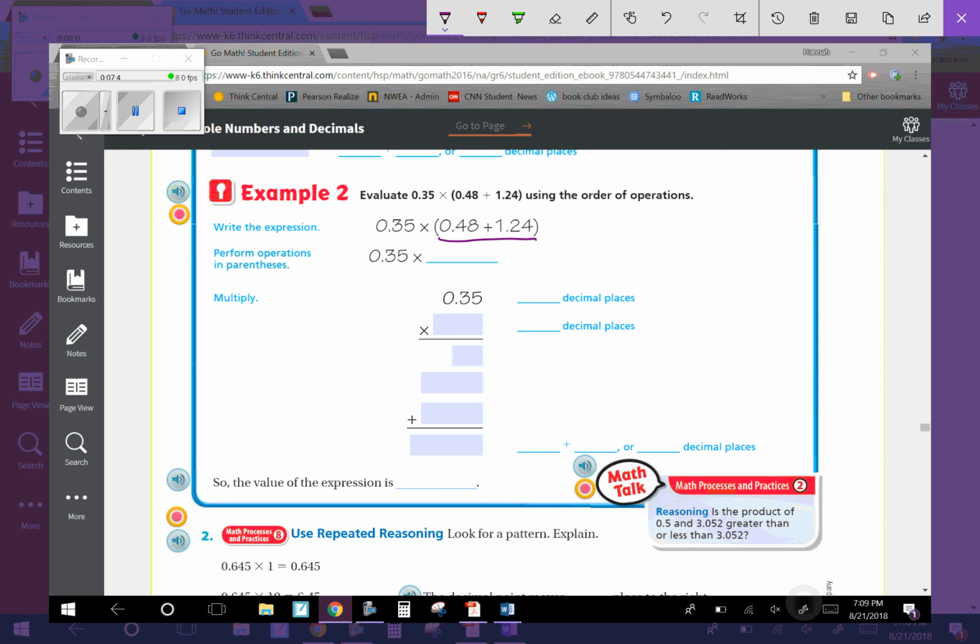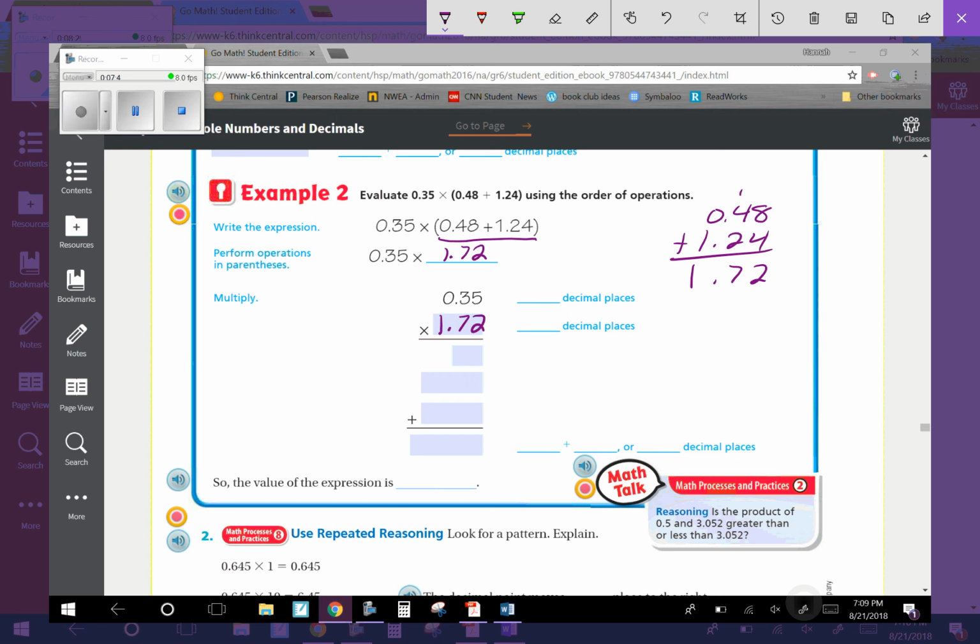So when we take 48 hundredths, 1 and 24 hundredths, add them together. 4, 5, 6, 7. We should get 1 and 72 hundredths.